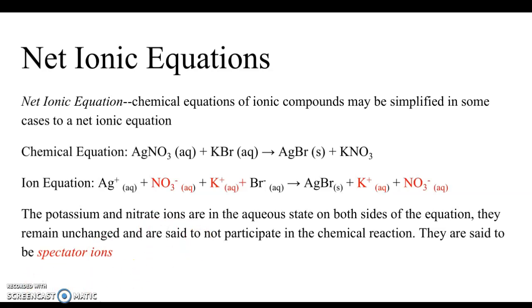Spectator ions can essentially be canceled out in the equation. They remain in solution. They're not participating in our actual chemical reaction. So we get a net ionic equation where these spectator ions are removed. So we have our silver ion and our bromide ion forming silver bromide. And that would be our net ionic equation.